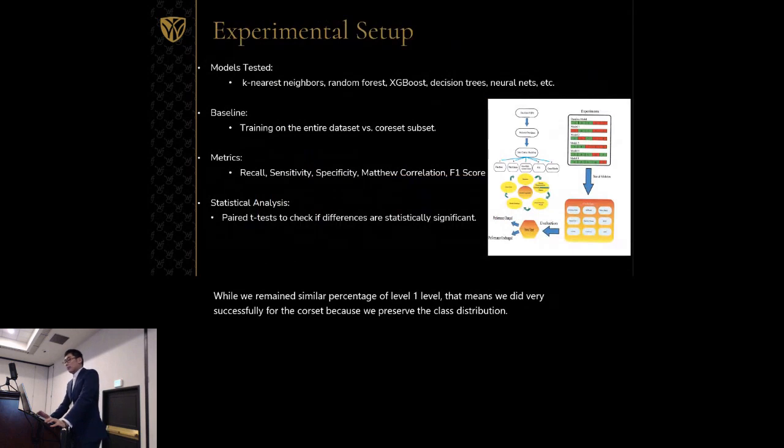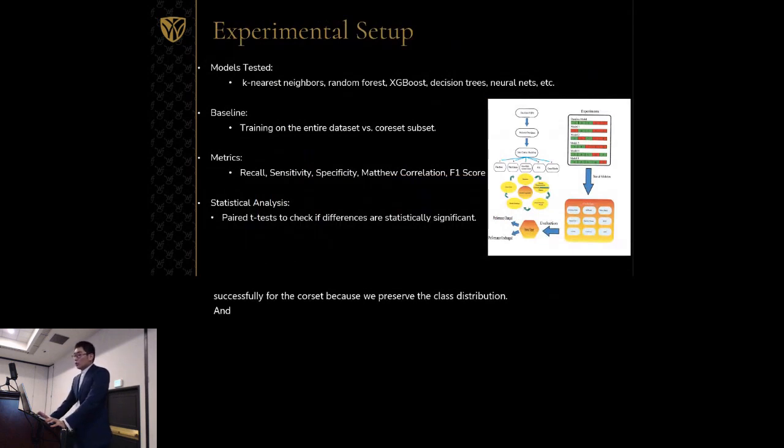And the experimental setup. We choose 9 very common machine learning classifiers, which include k-nearest neighbors, random forest, extreme boosting, and so on. And we do the baseline, so we train on the entire data set versus our core set after implementing the genetic algorithm.